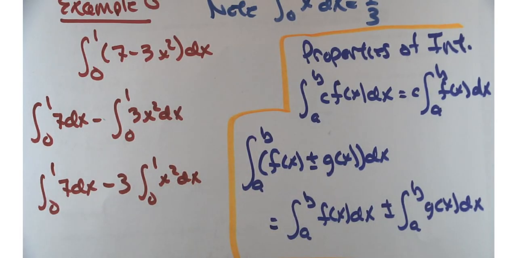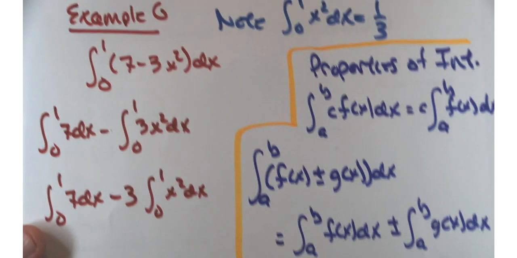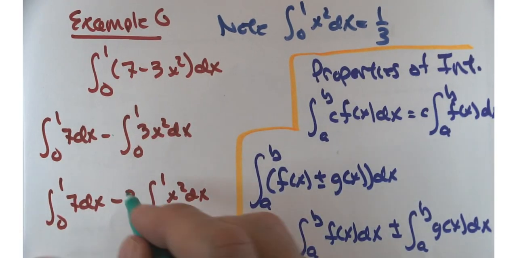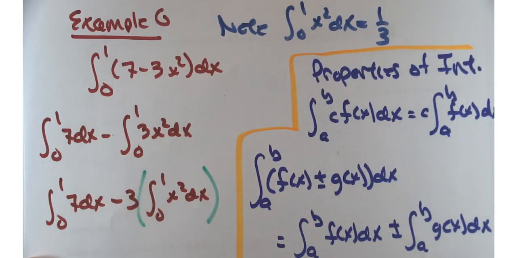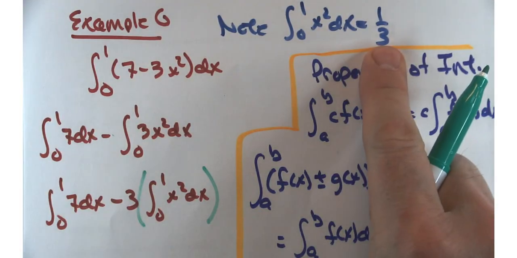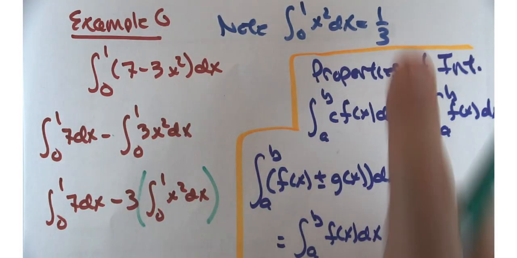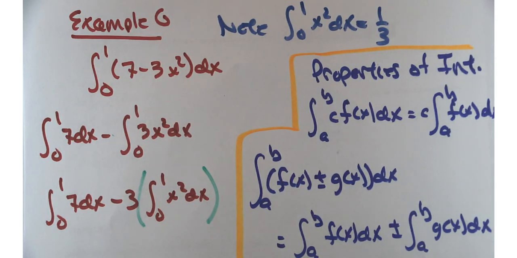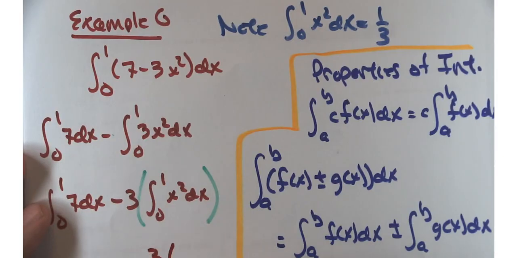And this works out kind of nice here. Does anyone know why? You're told in the problem that that's actually 1/3. So we're going to end up with 3 times 1/3. So minus 3 times 1/3.